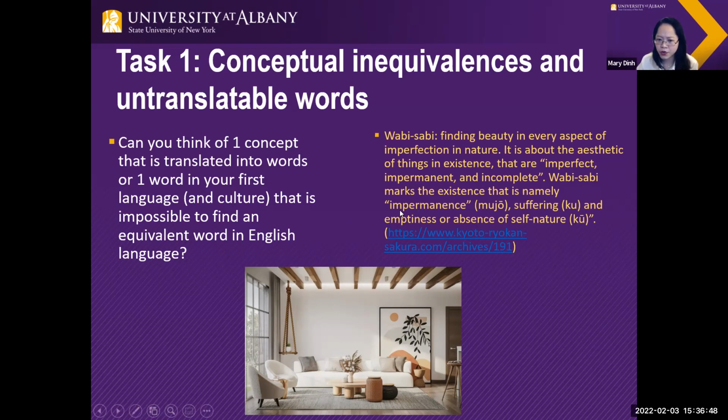So that is the kind of word choice they use. You can say the words here are impermanence, suffering, emptiness, and absence of self-nature. The words in English have a negative connotation. But in Japanese culture, these words have a positive connotation because it's the philosophy that they find beauty in that emptiness.